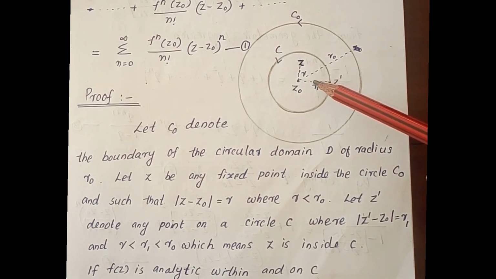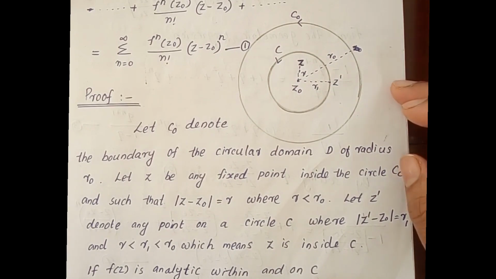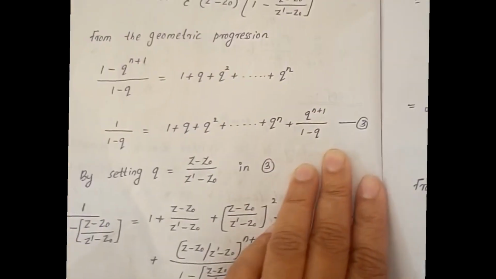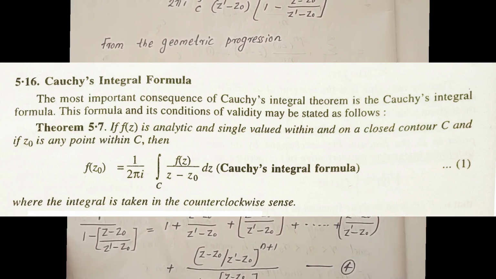And if f(z) is analytic within and on this C, we can apply Cauchy's integral formula. You have already studied Cauchy's integral formula, which says that if a function f(z) is analytic and single valued within and on a closed contour C, and for a point inside C, we can write f(z0) = 1/2πi ∫ f(z)/(z - z0) dz.